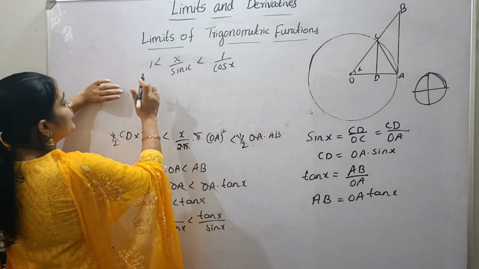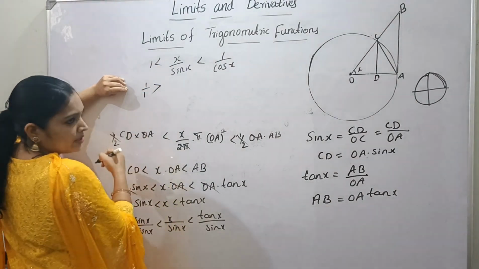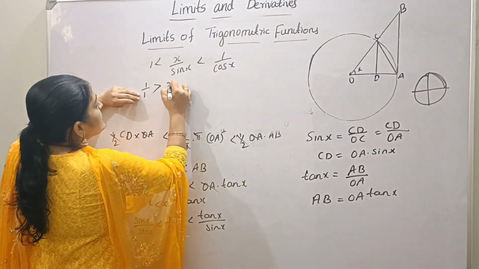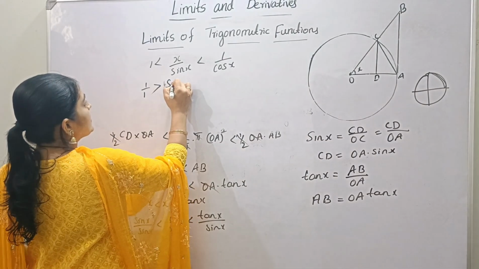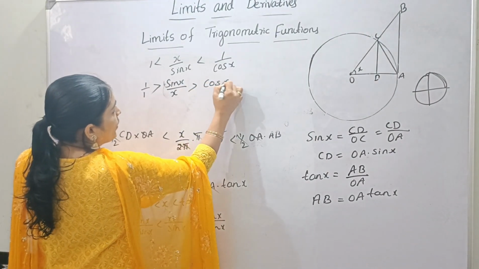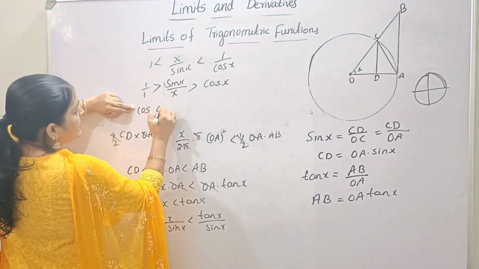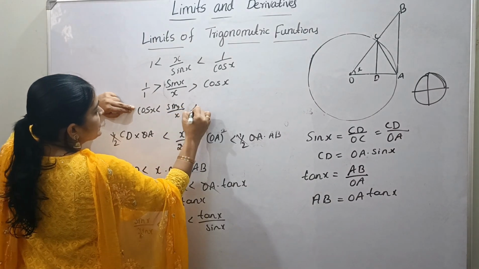So when we take the reciprocal, the less than will become greater than. So sin x divided by x greater than cos x. So once again we will write cos x less than sin x by x less than 1 by 1 is 1.